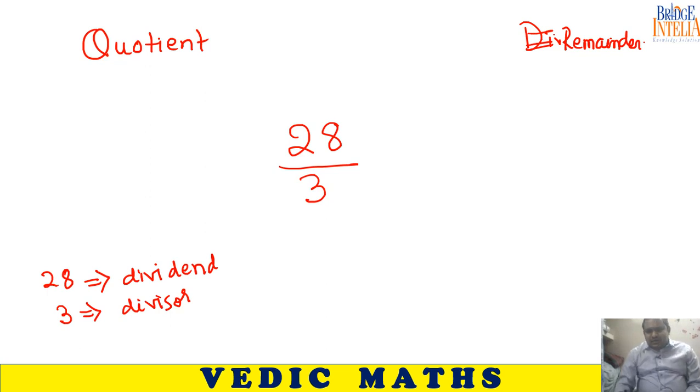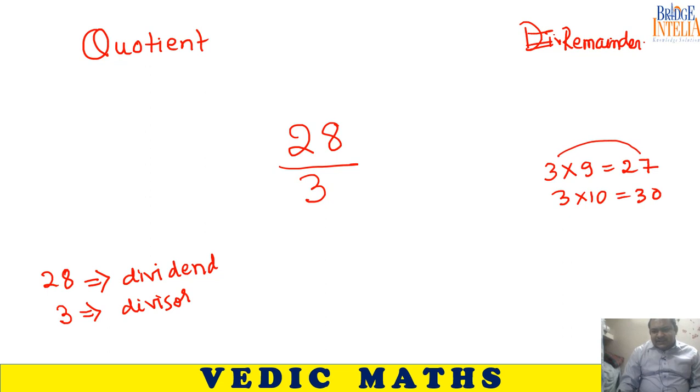If you observe, 3 does not completely divide 28. We know that 3 nines are 27, 3 tens are 30. So in the multiplication table of 3, 28 does not exist. There is a jump from 27 to 30, which means 3 does not divide 28.